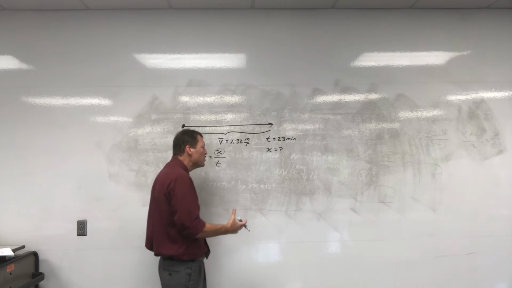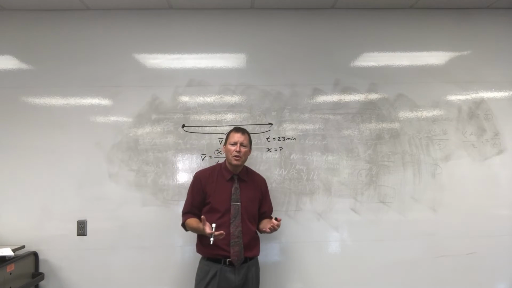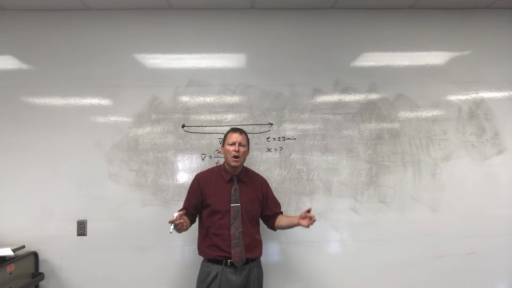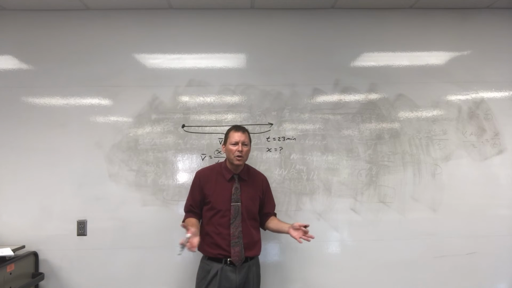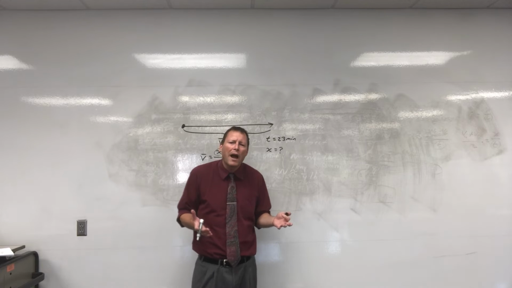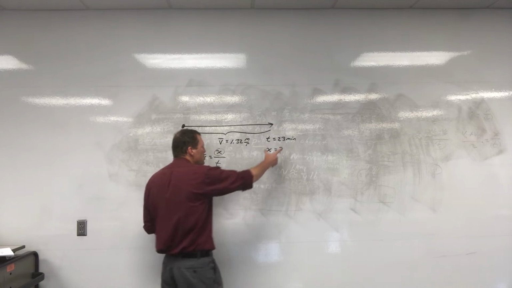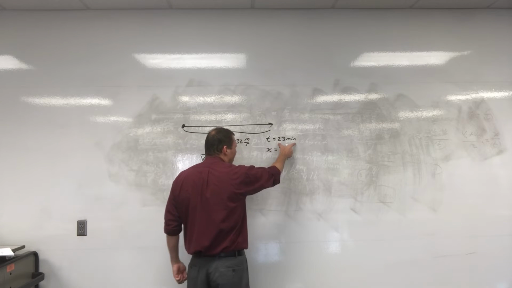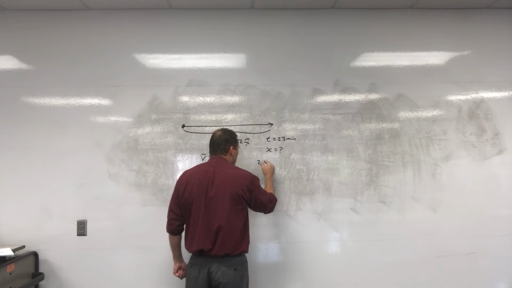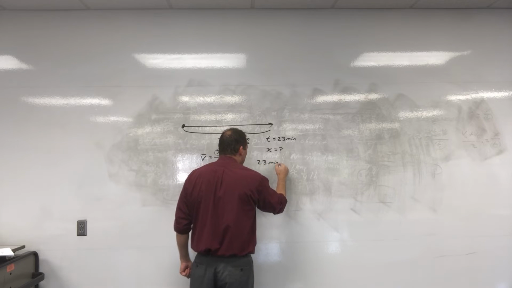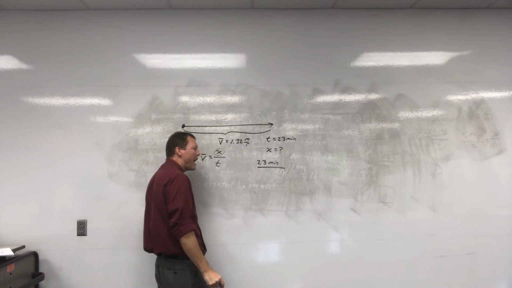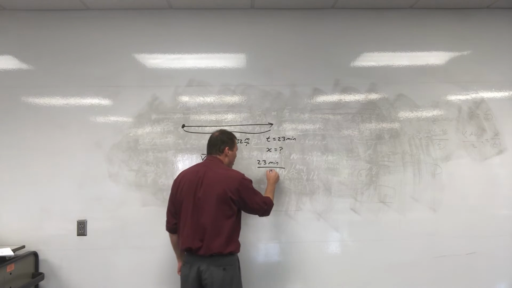I'm going to use dimensional analysis. I don't like it when, all of a sudden, people just multiply or divide. I need to know why. So I write down what I'm given, 23 minutes, and make a fraction out of it by putting it over 1.